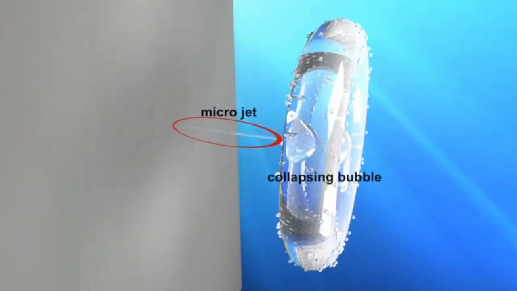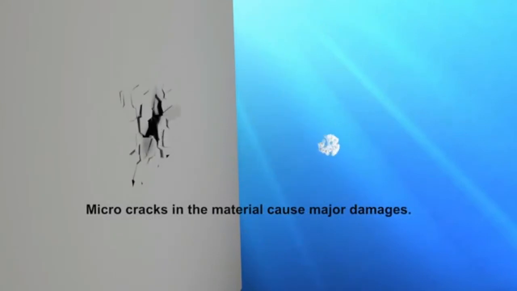The implosion releases energy in a very short time concentrated in a very small spot. If the microjet hits a surface, it damages the material by a localized, short-term overstraining. The material starts to evolve microcracks and later material can break off.